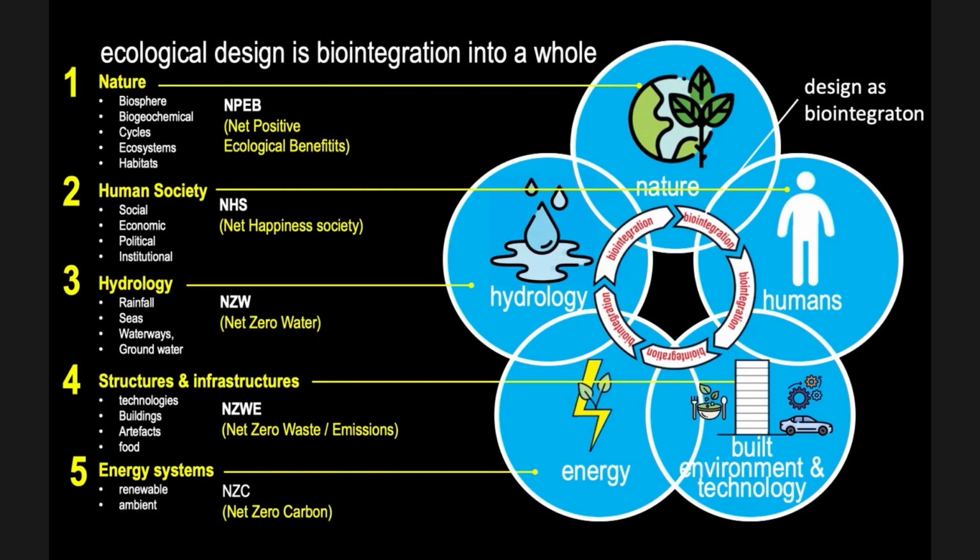We should try and make it zero waste, so that all the materials we use are recyclable. And finally, our energy systems have to be renewable sources and should not use up fuel that contaminates the built environment. So in summary, this is what ecological design is all about.